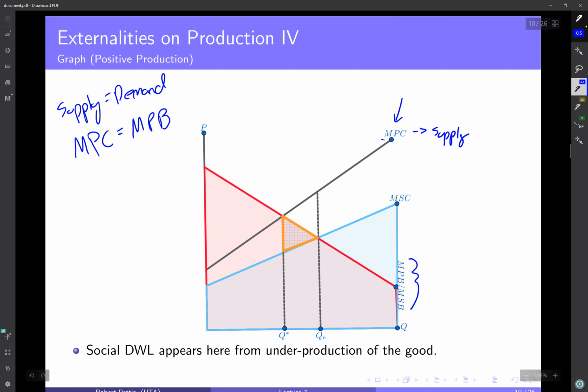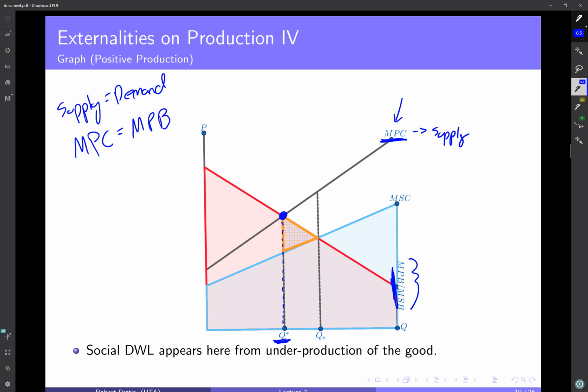Well, we've got our marginal private costs here, and our marginal private benefits is this curve. They come together right here. We follow this down, and at the bottom we've got some market outcome Q star.